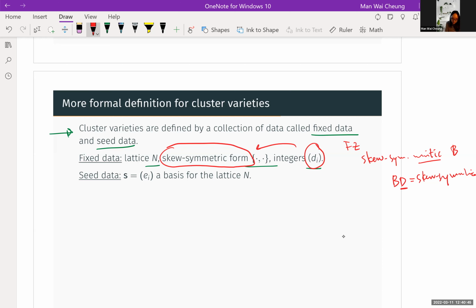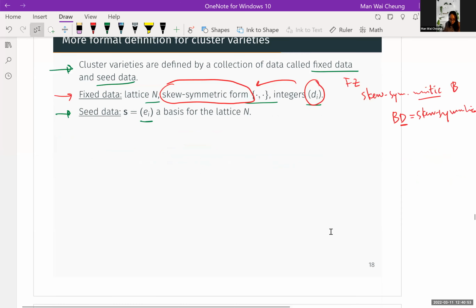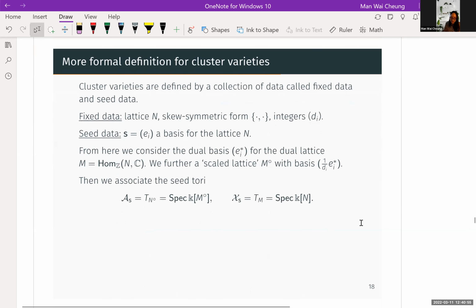So this is the initial data, and we have something called the seed data, which is a basis of the lattice N. And then from here, we can look at the dual basis and the dual lattice, and then we look at the scaling. Because like here, as I said, actually what we care about is the skew-symmetrizable matrix. So we look at the scaled lattice with the basis scaled by 1 over d_i.